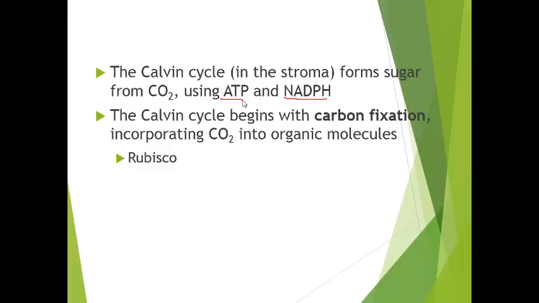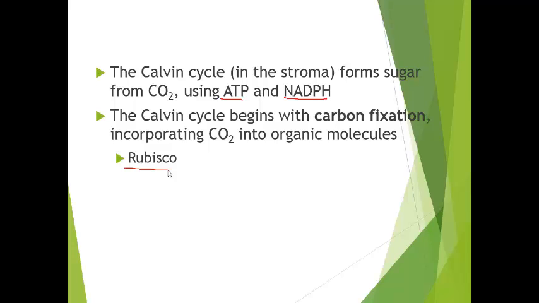What's going to happen in the Calvin cycle is that carbon is going to get fixed. It's a process called carbon fixation, where carbon dioxide enters the stroma and gets grabbed onto by an enzyme called rubisco. Once rubisco is able to grab onto the carbon dioxide, the ATP and the NADPH can then be used to reduce it.